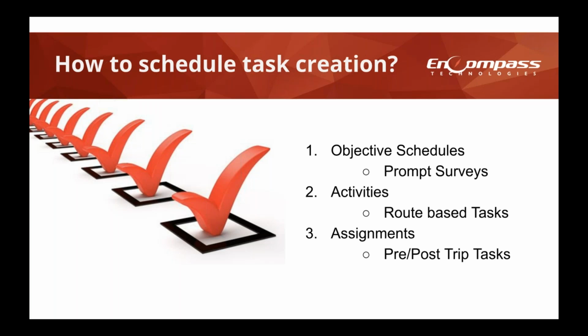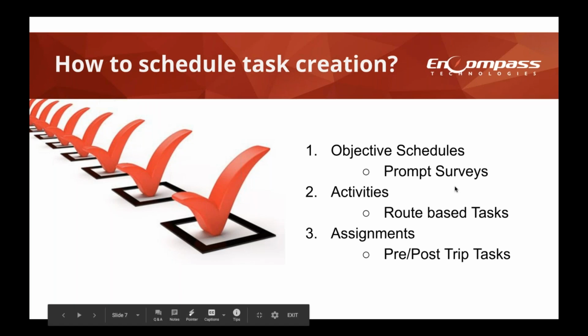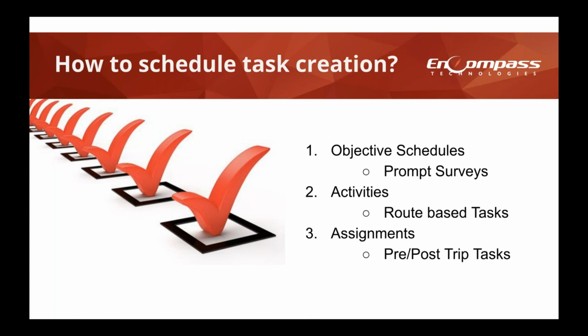All right, so how are some of the ways that tasks are actually created? So we know that the forms of tasks can come in many different flavors, many different varieties, right? But how do these tasks actually get scheduled to get to the reps out in the field? Well, before I get into the bullet points, the basics are they can either add those tasks by themselves.